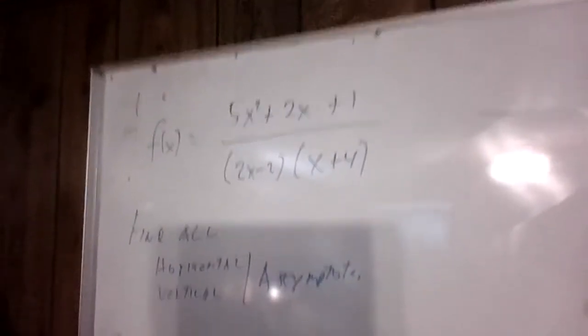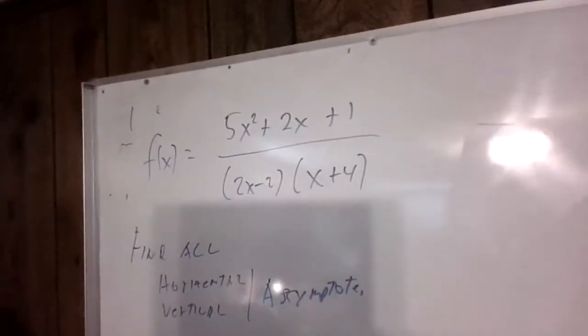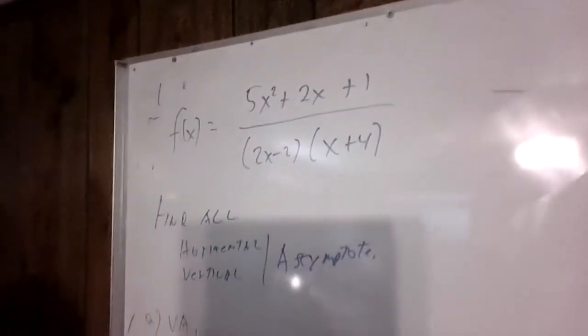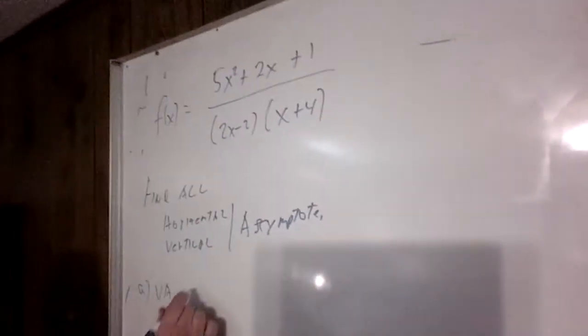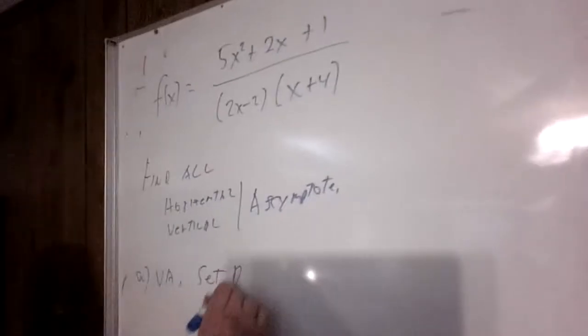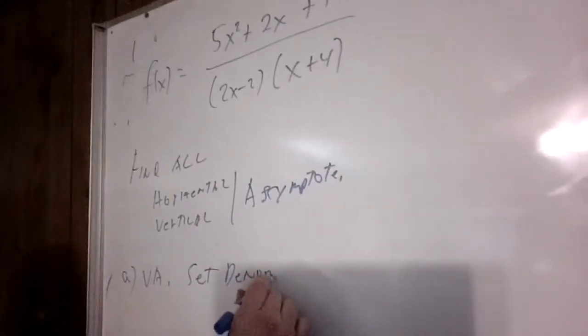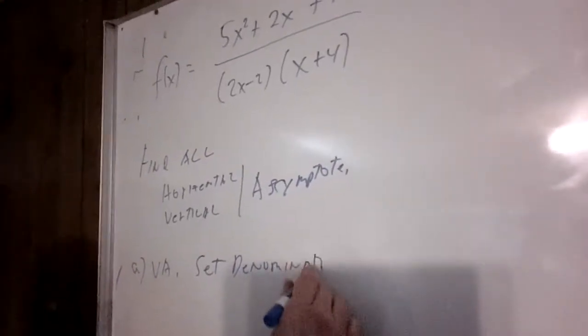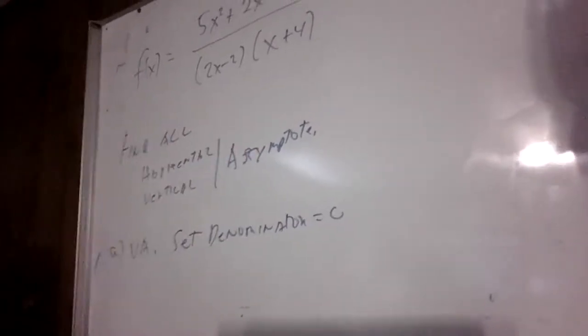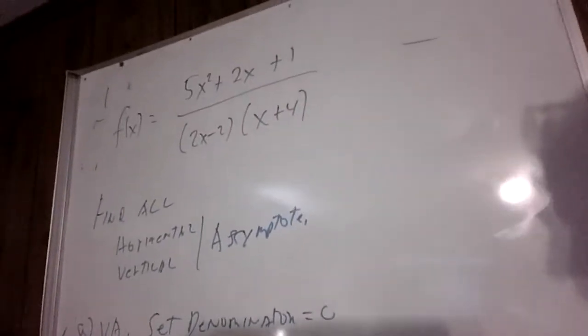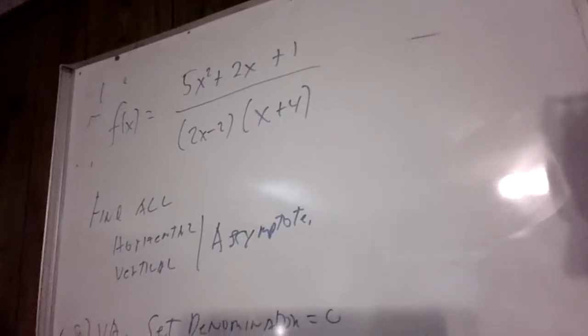To find the vertical asymptotes, we have to set the denominator equal to 0. But I'm going to expand this. Whenever you're in an asymptote problem, you should always expand it. So I'm going to FOIL it.